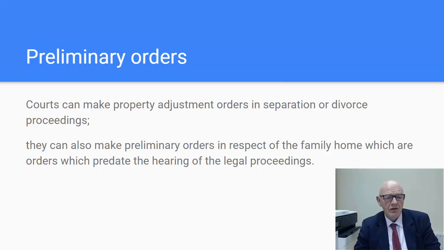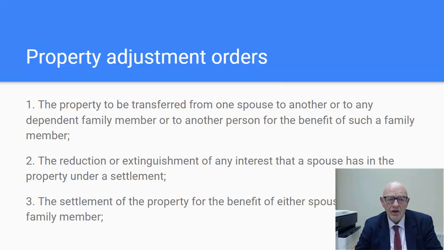It's a preliminary order. After that you have the regular property adjustment order, and the court, be it the circuit court or high court, has a very wide range of discretion. Firstly, the property can be transferred from one spouse to another or to any dependent family member or to another person for the benefit of such a family member. 2.